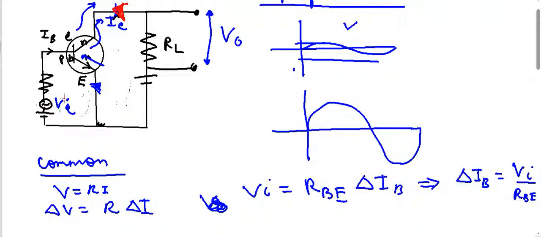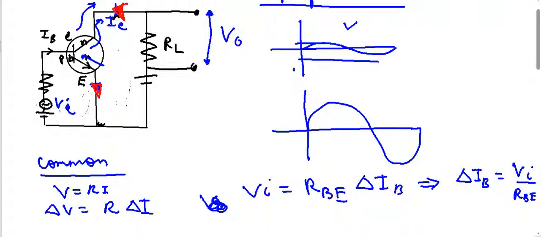What really matters is our derivation, though we should get these things right. If there is a change in base current, obviously there will be a change in the emitter current, as well as a change in the collector current.